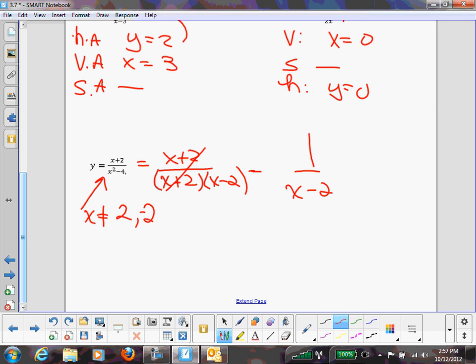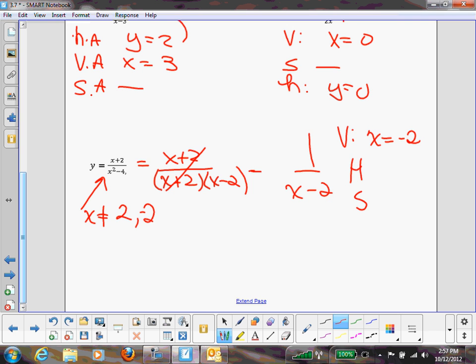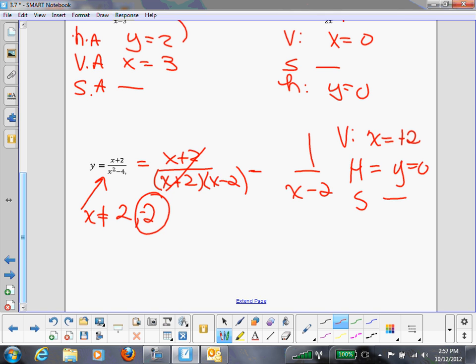What doesn't work down here? So that means x can't equal 2 is going to be what kind of an asymptote? A vertical asymptote. And will I have a slant or a horizontal? I'll have a horizontal, which means it's what? Y equals 0, and there's no slant. Okay, but we still have to recognize that this value of -2 is not okay.